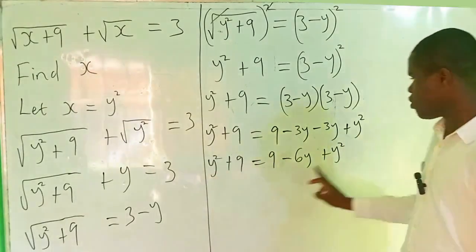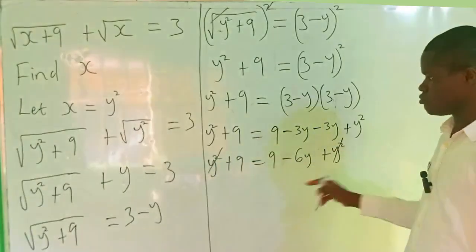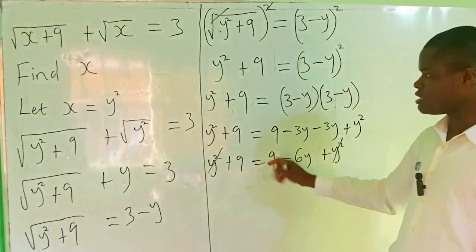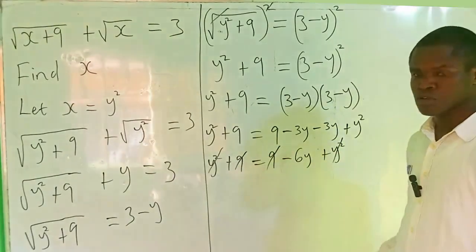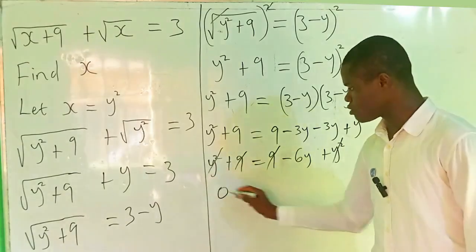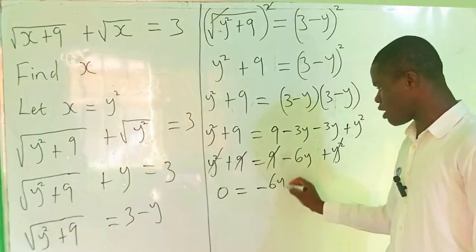So y squared is here, y squared is here, it is gone because of this equality sign. Plus 9 is here, plus 9 is here, it is also gone. So since nothing is left here, 0 is equal to minus 6y.